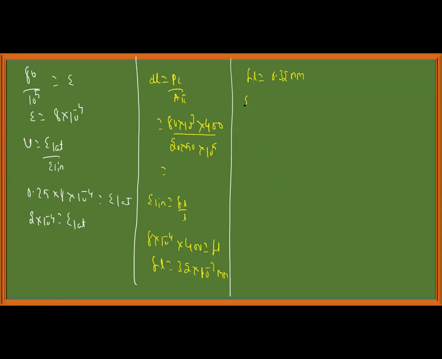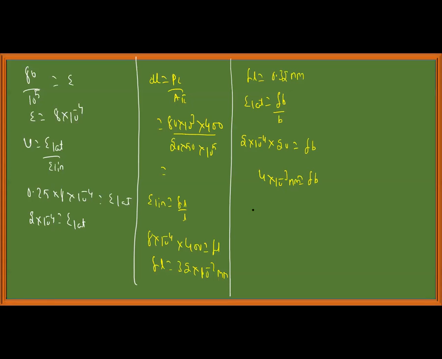Epsilon lateral is equal to delta B by B. Epsilon lateral is found to be 2 into 10 power minus 4, into width, which is 20 mm, is equal to delta B. 2 2s are 4, so delta B is 4 into 10 power minus 3 mm.